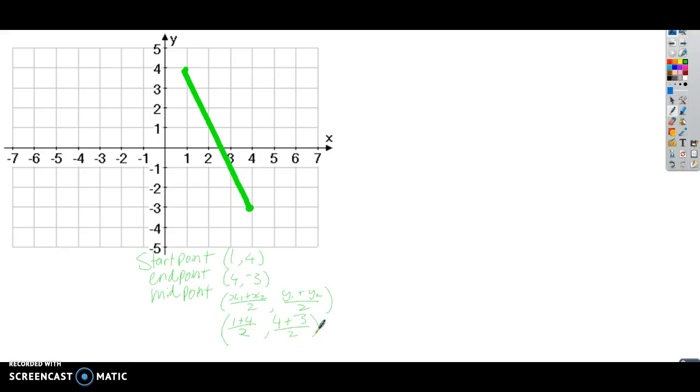So 5 divided by 2, I'm going to end up with 2.5. 4 plus -3 is the same as 4 take 3, so that's going to be 1 divided by 2, so I'm going to end up with 0.5. Let's check. I'm looking at 2.5 and 0.5, so my midpoint's around there, so I think I'm on the money.